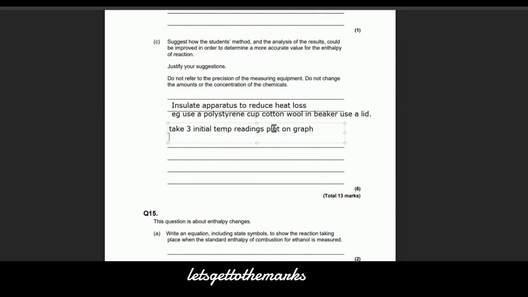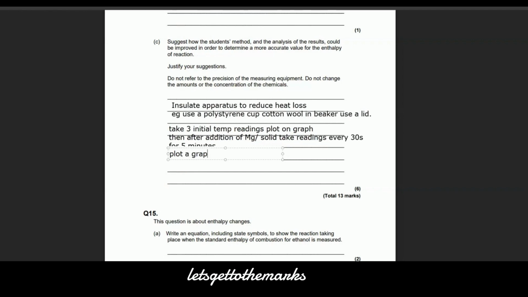Then after addition of, in this case, solid, it was magnesium if we're still referring to the earlier stem of the question, take readings every 30 seconds for 5 minutes. If we do that, we're going to be taking 10 more readings.